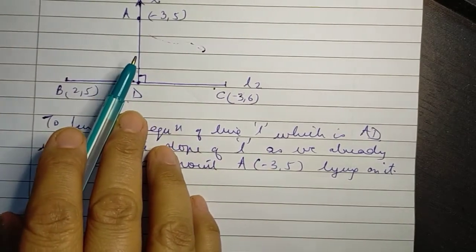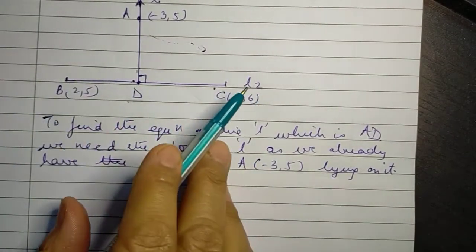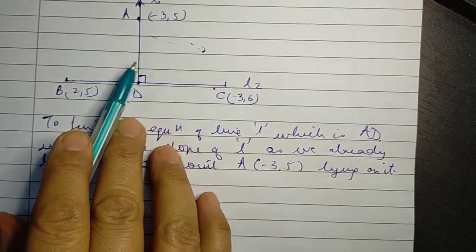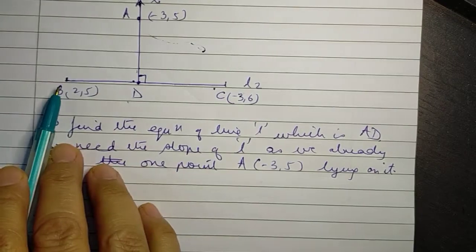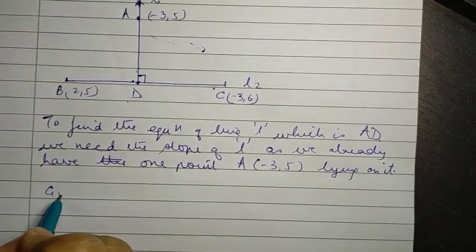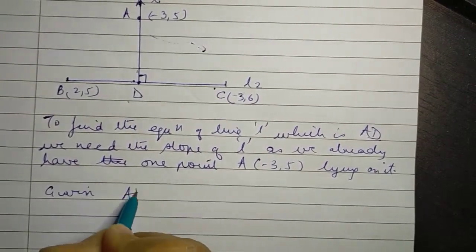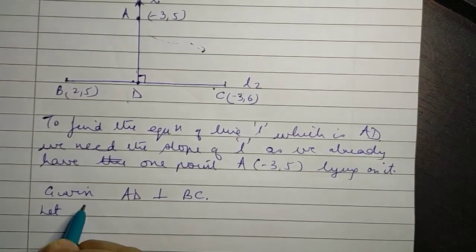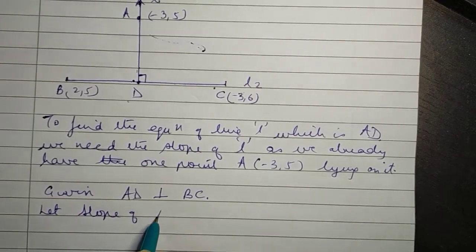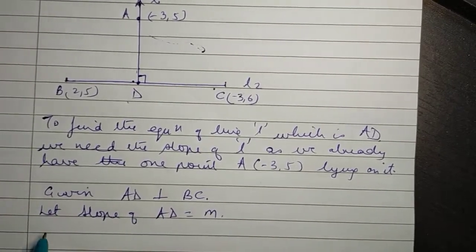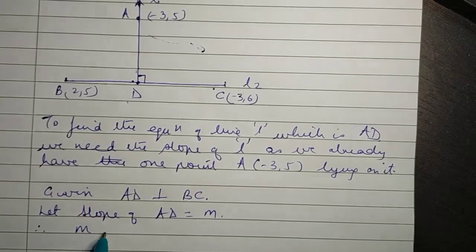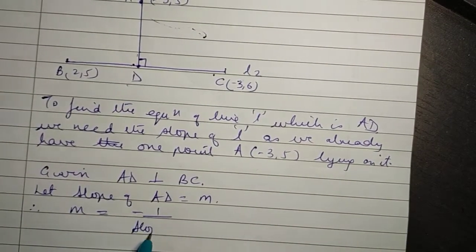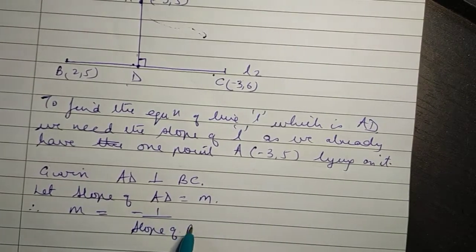Now it's not given to us directly, but we have some information using which we can find the slope of the line. Now it's given that the line is perpendicular to the line BC. So given AD perpendicular to BC, let the slope of AD be equal to M. Therefore M will be equal to minus 1 upon the slope of BC.